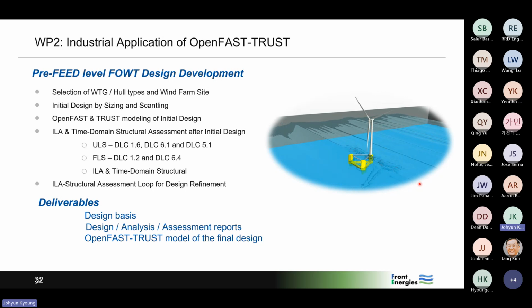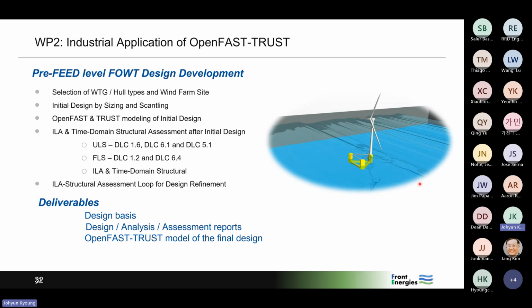If there is some need for a design update to the structural model, then we can look at whether the design is viable. As deliverables, we'll develop the design basis and the whole design and analysis results, and an assessment report will be issued. Also the OpenFAST and TRUST model of the final design will be shared.